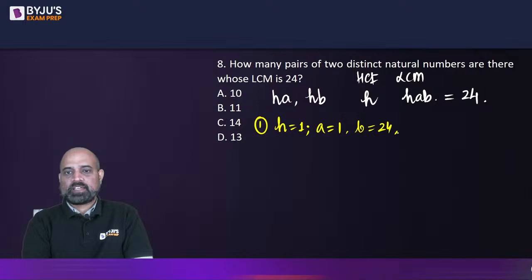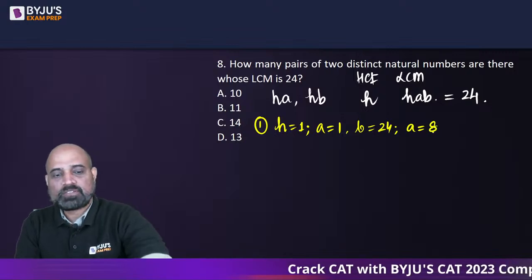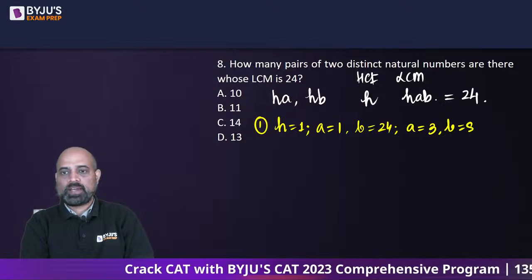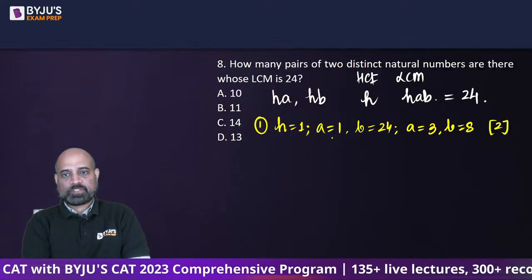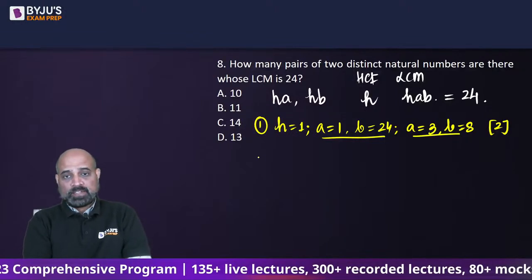So this is one case. Next, if A is equal to 3, we will have B is equal to 8. So we will have only two such scenarios here, right? 1 and 2 when HCF is 1.